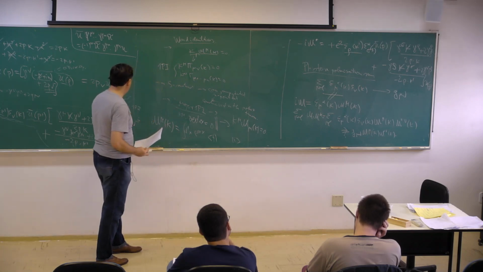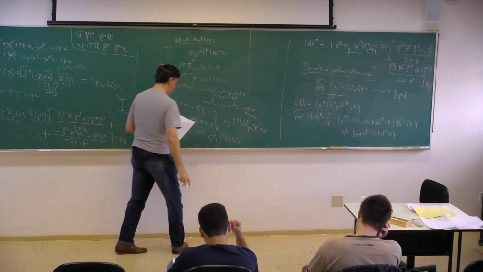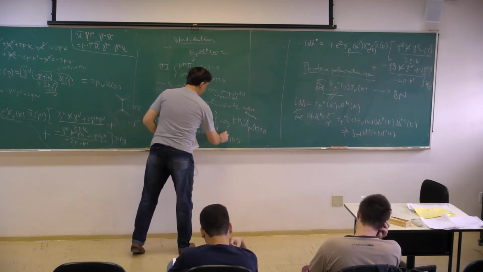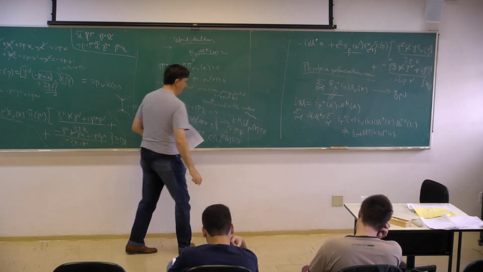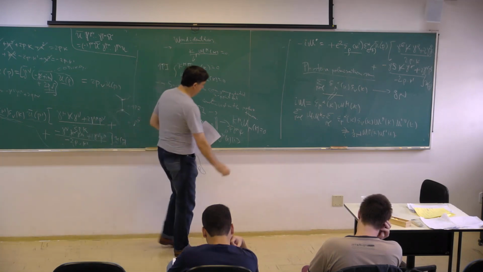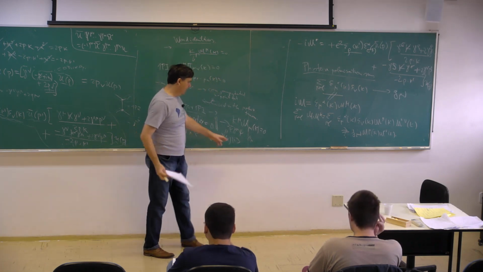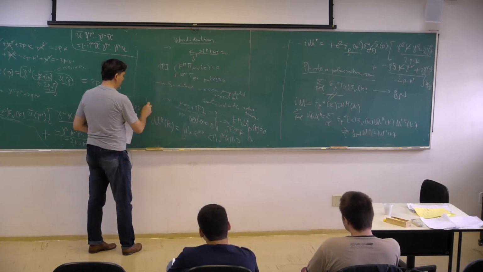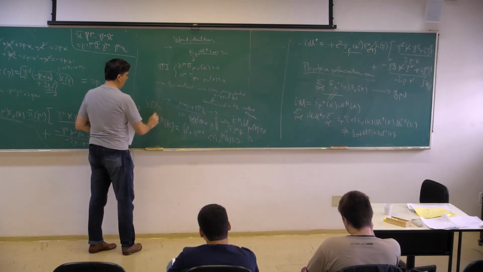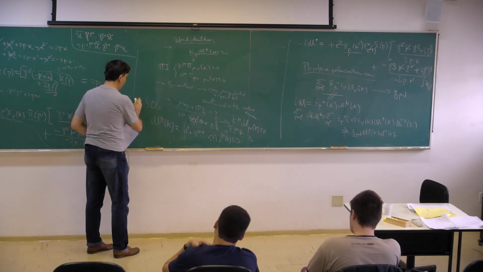But this M_μ(k) is really the current, by which we mean this ψ-bar γ^μ ψ, the thing that appears in the action multiplied by A_μ. So in the action we have A_μ times this object, and the integral J^μ A_μ is thought of as the current coupling inside the Lagrangian in the action.